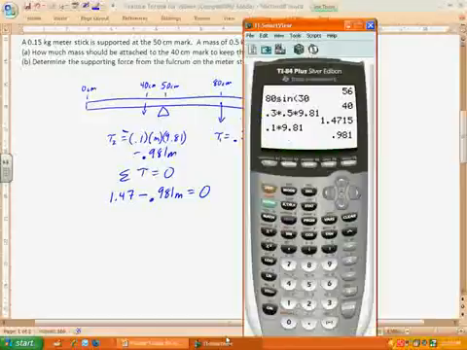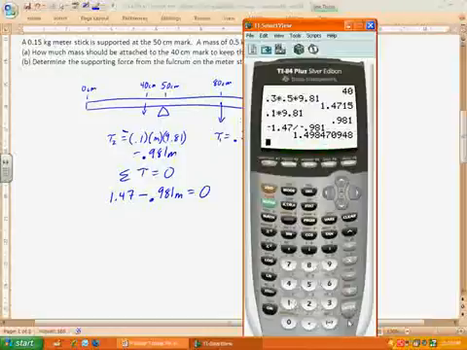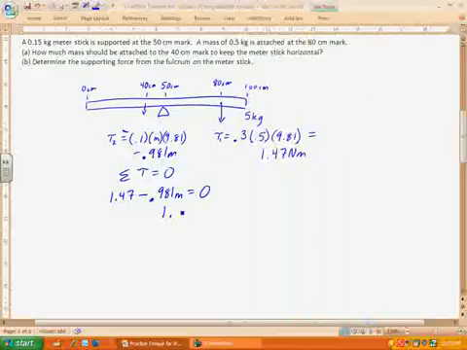So we're going to subtract the 1.47 to the other side, so negative 1.47 divided by the negative 0.981, and we're going to get a mass of 1.5 kg, which is what we said earlier. Remember, we said since the distance was a third, then we needed a mass that was triple. All right? So that's the case.